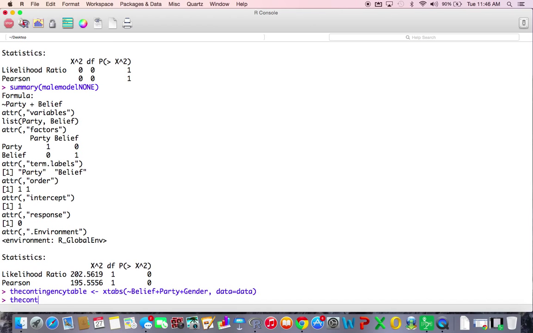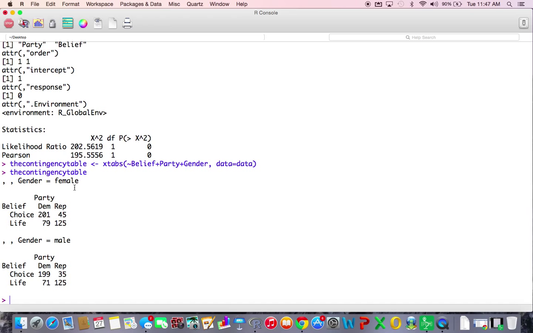Whichever variable we put last, it's going to examine the observed cell counts across that variable. So let's say there was some motivation for us to look at belief over gender, but we'd like to express the contingency tables across party, then we just put party last. Now, I'm going to call this the full model.